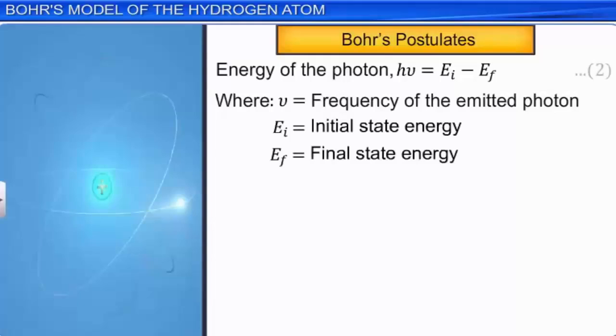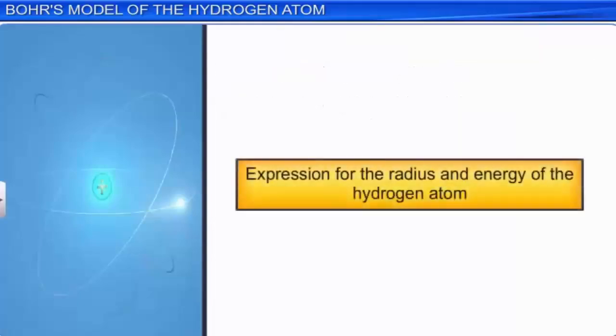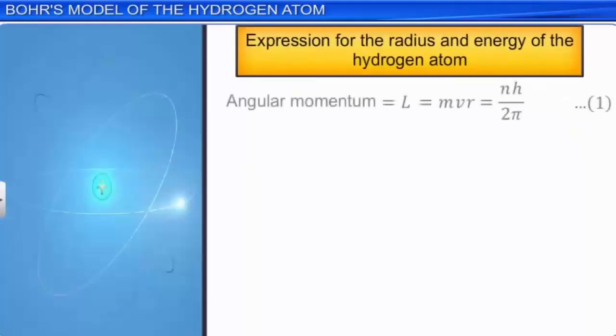Let us now derive the expression for the radius and energy of the hydrogen atom. From equation 1, we can write mv_n r_n = nh by 2π. Here, n is an integer, r_n is the radius of the nth possible orbit, and v_n is the velocity of the electron in the nth orbit. Let this be equation 3.